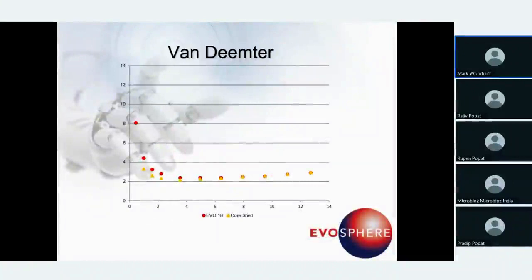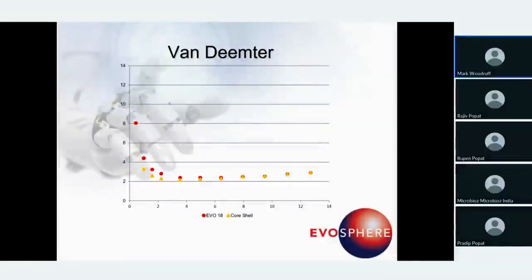So if you plot them on a Van Deemter curve, you can plot core shells against the EVOSPHERE particles and see that you can use these particles at much higher flow rates, exactly the same as we have been trying on core shells for the last 5 or 10 years.